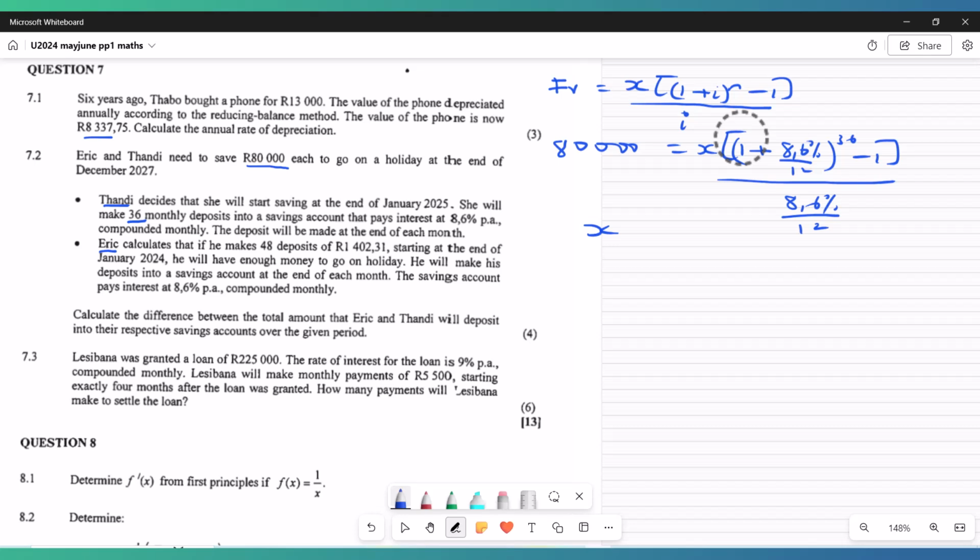Deposit payments, power 36, and then minus 1. Here I get 1955.78.